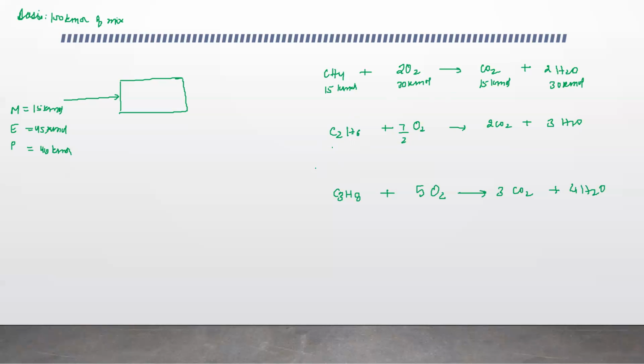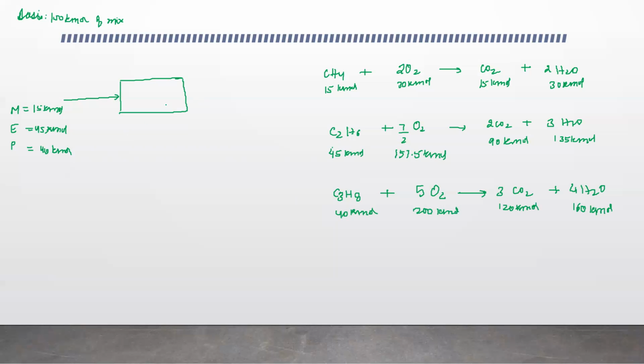If we have 45 kilomole of ethane, we get 90 kilomole carbon dioxide and 135 kilomole of water, and the oxygen used is 45 into 7 by 2, that is 157.5 kilomole. For propane, 40 kilomole gives 120 kilomole carbon dioxide, 160 kilomole water, and the oxygen used is 200 kilomole.